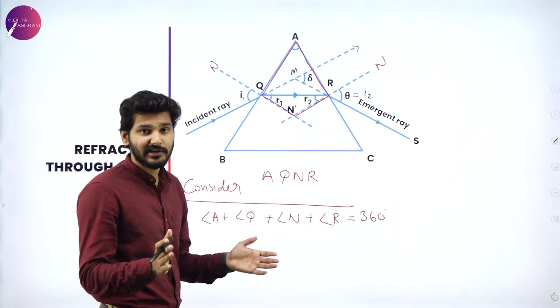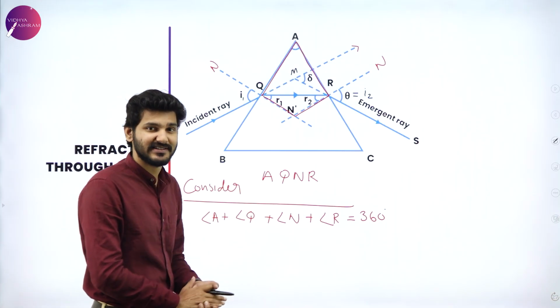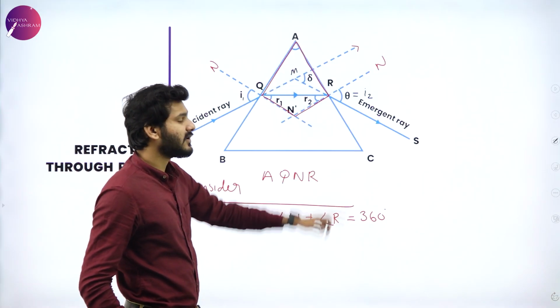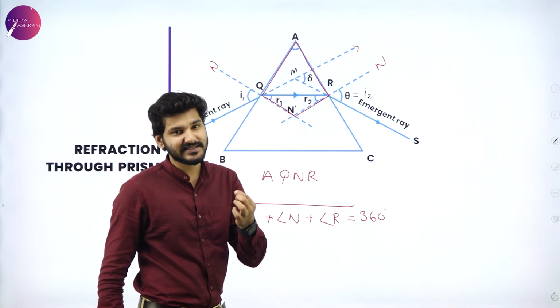That is the mathematical proof. I can't explain why it is 360 degrees in this particular lesson. So again, the sum of all the interior angles will be equal to 360 degrees.